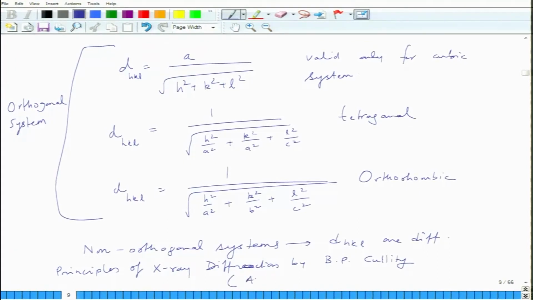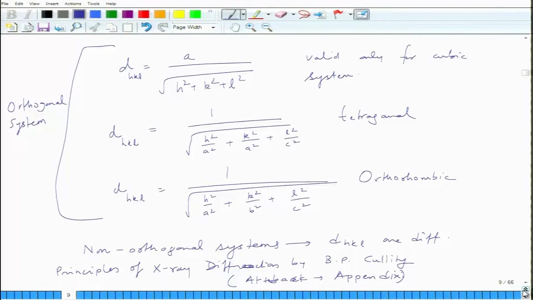At the back there is an appendix on these interplanar spacings as well as interplanar angles. If you look at interplanar angles, they will also be different, they will not be the same. Angles have different relations, and this again you can find in Cullity.